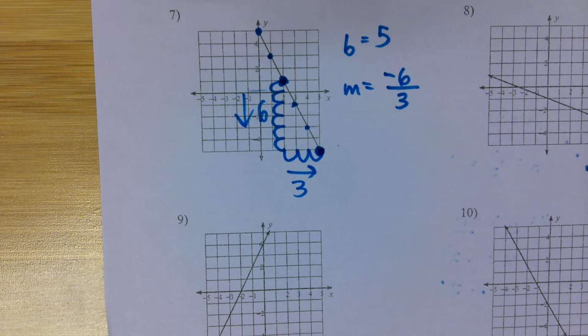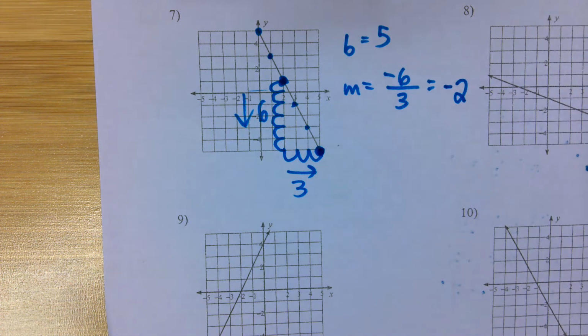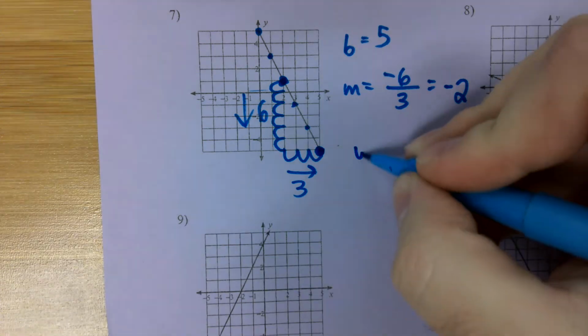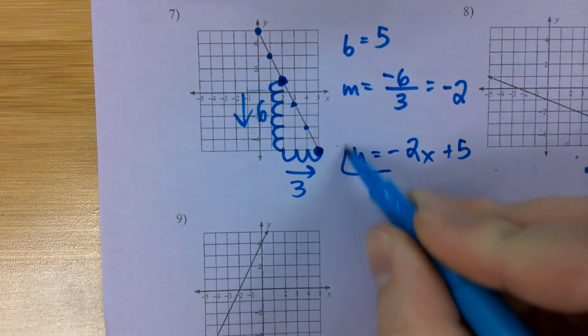And again, we don't want to just plug that fraction into our equation because it's not as simplified as possible. What would this simplify to? -6 divided by 3? Very close. It's going to be -2. A negative over a positive is a negative, and 6 divided by 3 is just 2. 3 goes into 6 2 times. So y is equal to -2x plus 5.